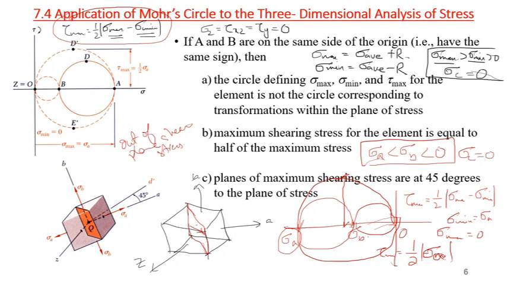Okay. Now, depending on the nature of stresses, if you have both tensile or both compressive principal stresses for the plane stress case, your maximum shear stress will be out of plane. But if one of the principal stresses is tensile and the other is compressive, then the absolute maximum shear stress on the system will be in plane.